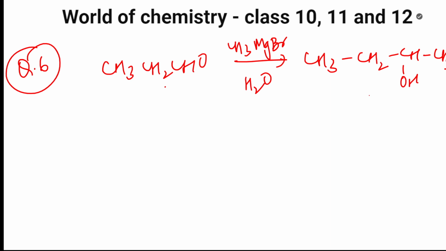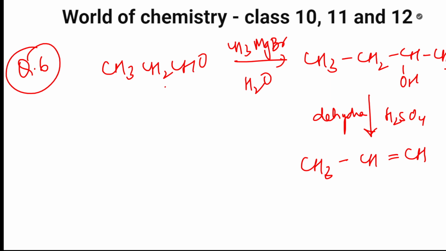Perfect. Now, to this, suppose they give you sulfuric acid. What will you do? You're going to remove the water molecule. From where will you remove it? From here and here, you remove the water molecule and form a double bond here. This is dehydration with sulfuric acid. So I'll be getting my alkene, that is but-2-ene.